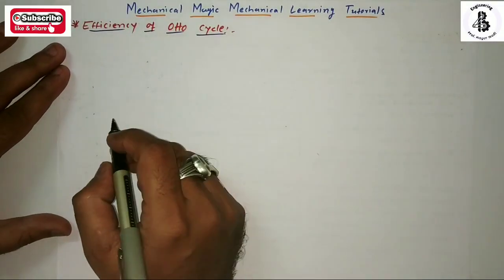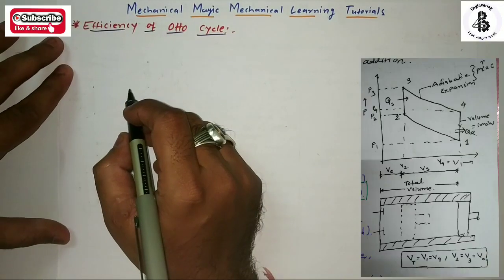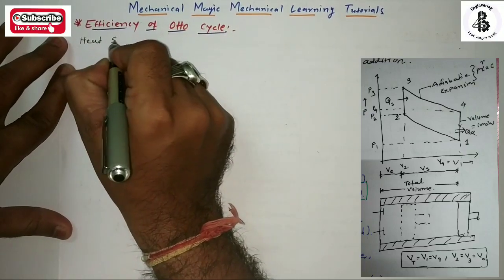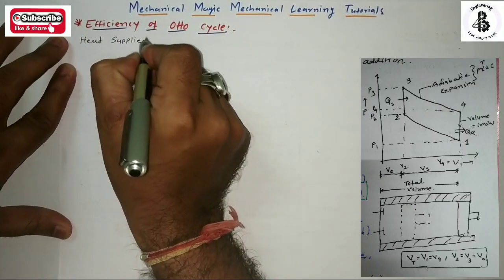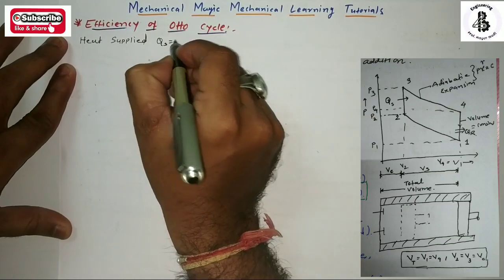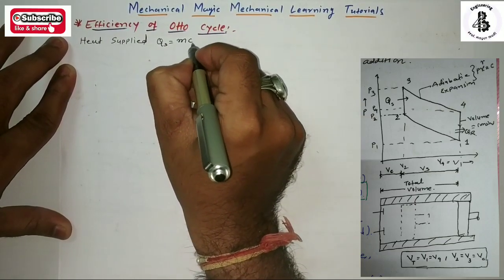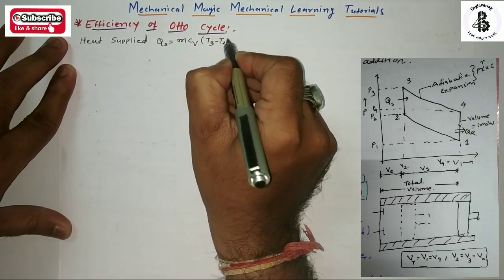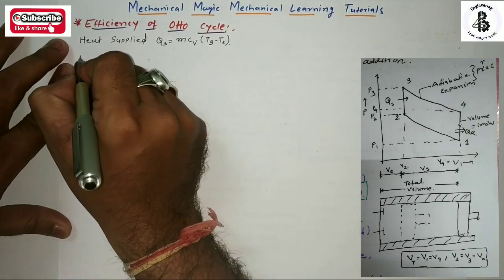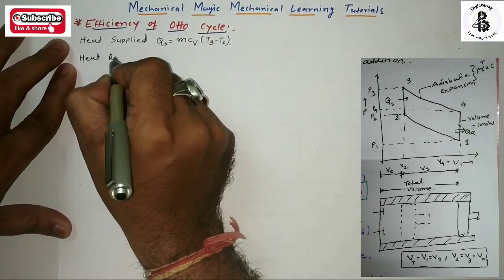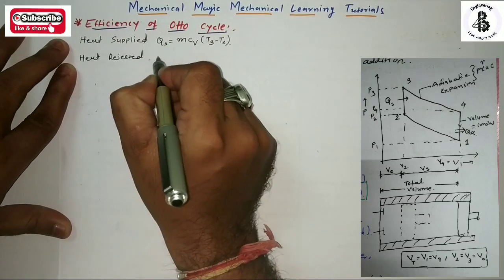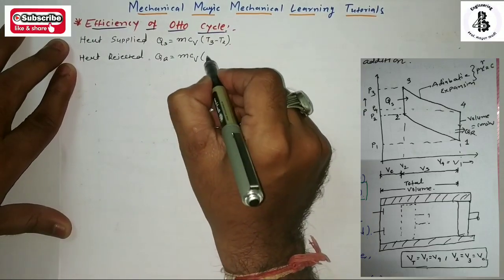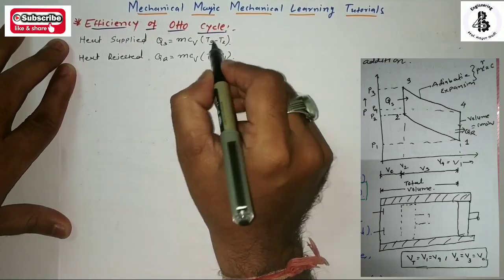Now we will see the efficiency of an Otto cycle. Here the heat supplied is Qs equal to m Cv (T3 minus T2), and the heat rejected is Qr equal to m Cv (T4 minus T1).